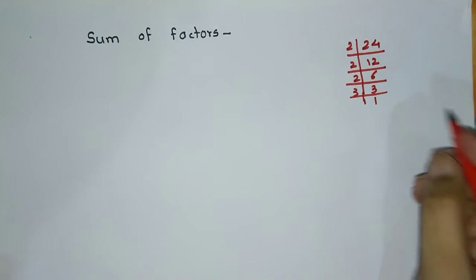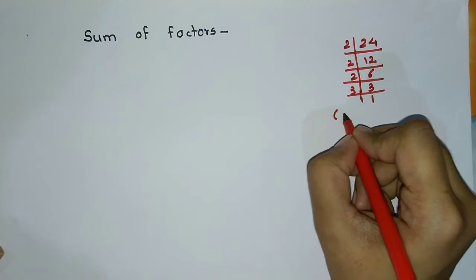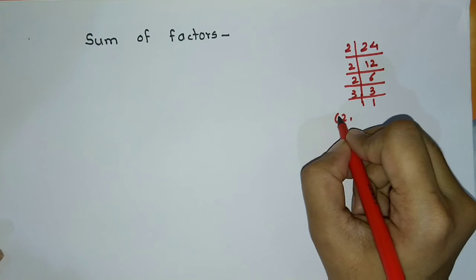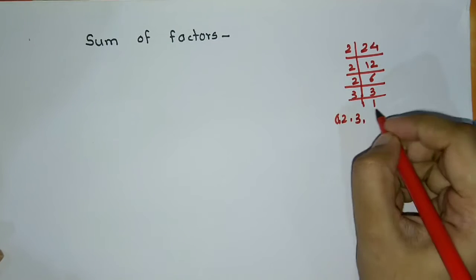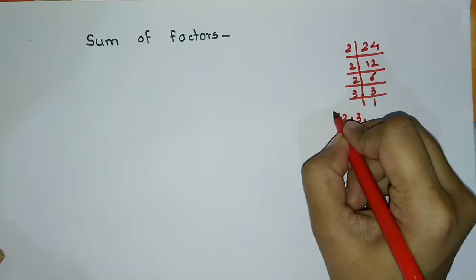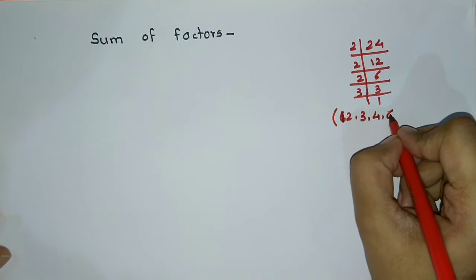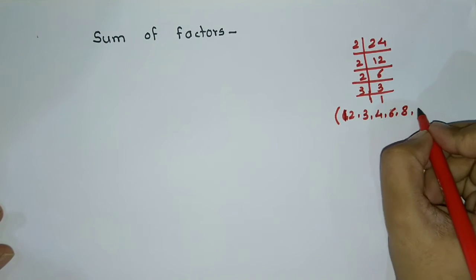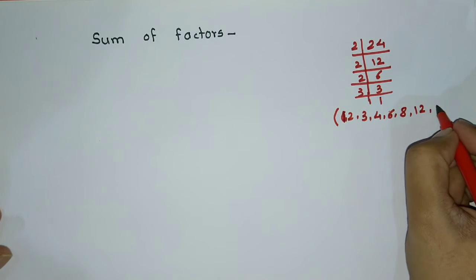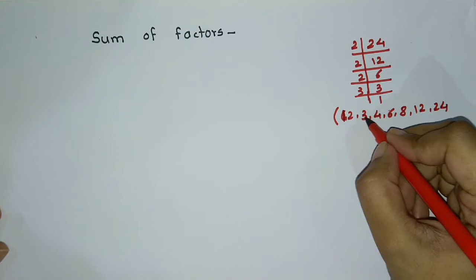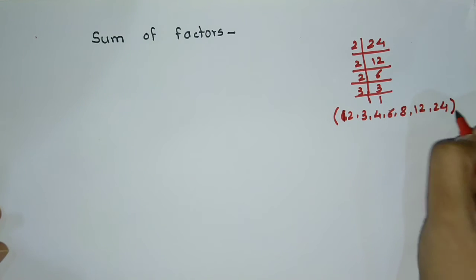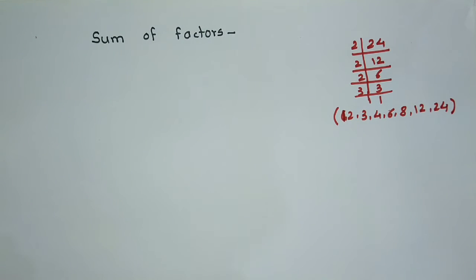Okay. So here the factors are 1, 2, 3, 4, 6, 8, 12, 24. 1, 2, 3, 4, 5, 6, 7, 8. Okay, these 8 are the factors of 24.